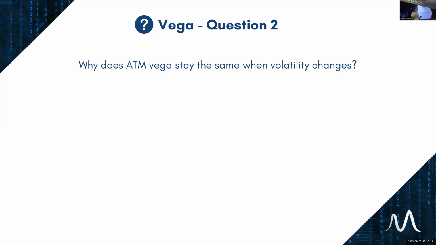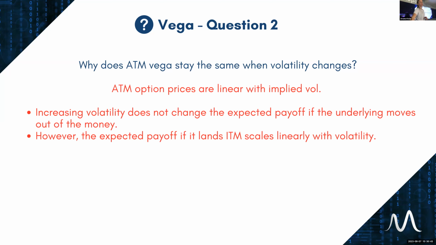So as you double your volatility, your expected payoff would double just because of the in the money part, right? So the price of your option is just linear with your volatility. So the Vega is constant at the money, right? So you can think of your at the money option prices as linear with implied volatility.